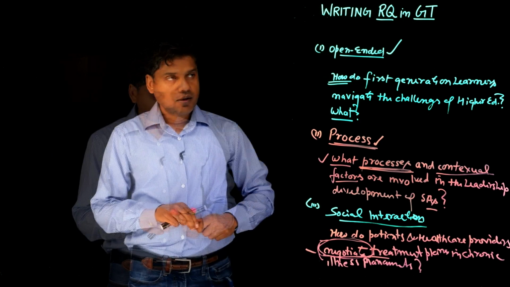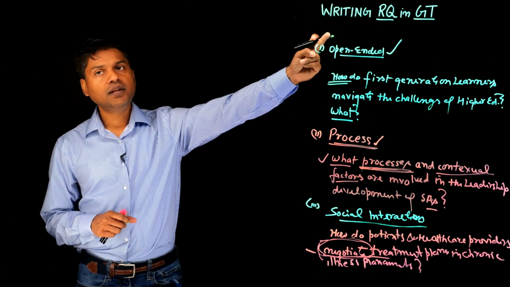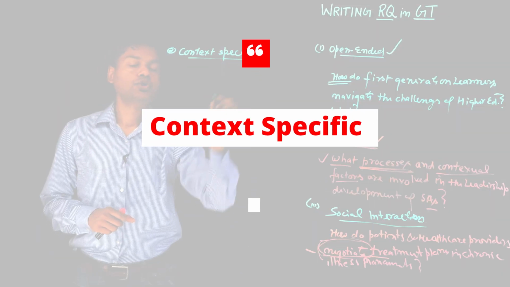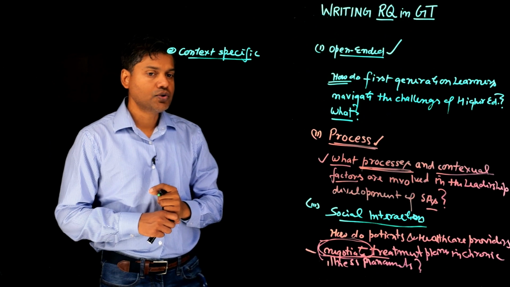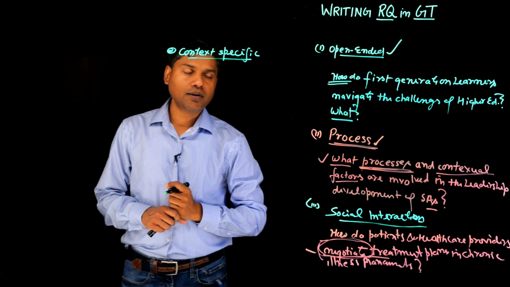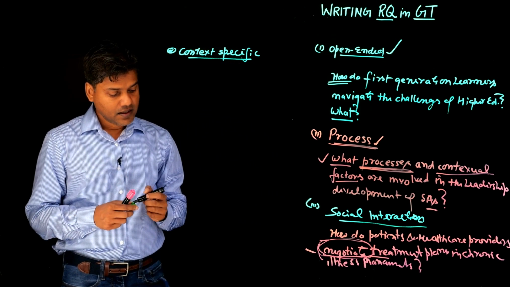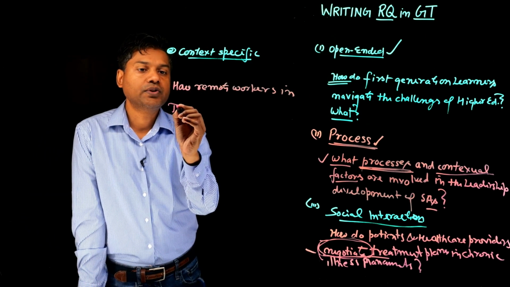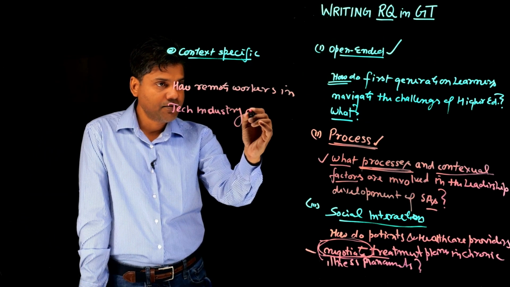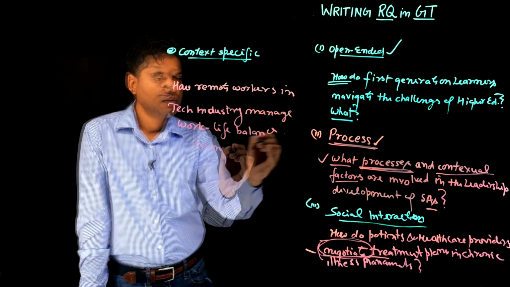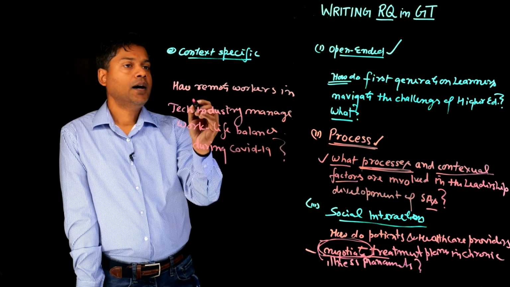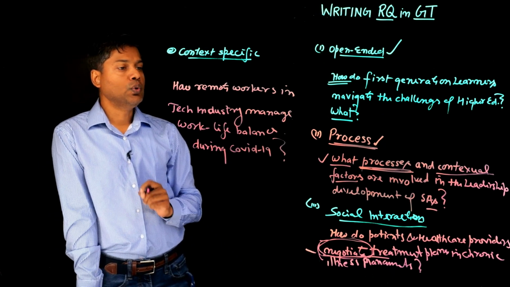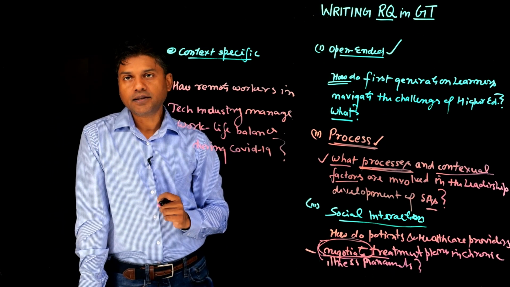Research questions in grounded theory are also context specific. So when you write your questions, make sure you mention the context as well. For instance, let's take another example: how do remote workers in tech industry manage work-life balance during COVID-19.